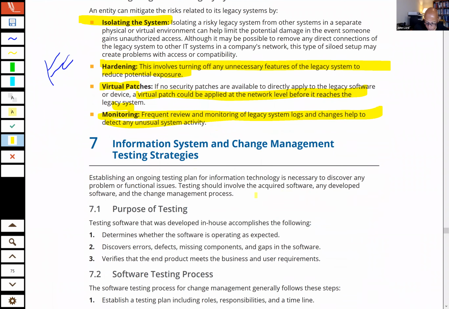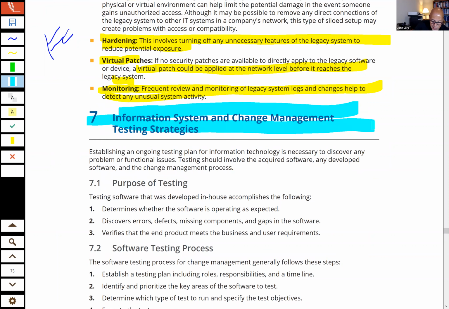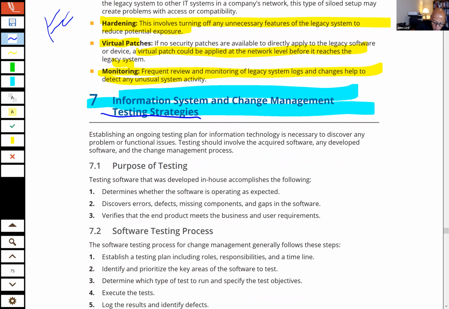Coming over to information system and change management strategies. The key thing we're going to be looking at here is ways of testing. Establishing an ongoing testing plan for information technology is necessary to discover any problems or functional issues. The key phrase there is testing.